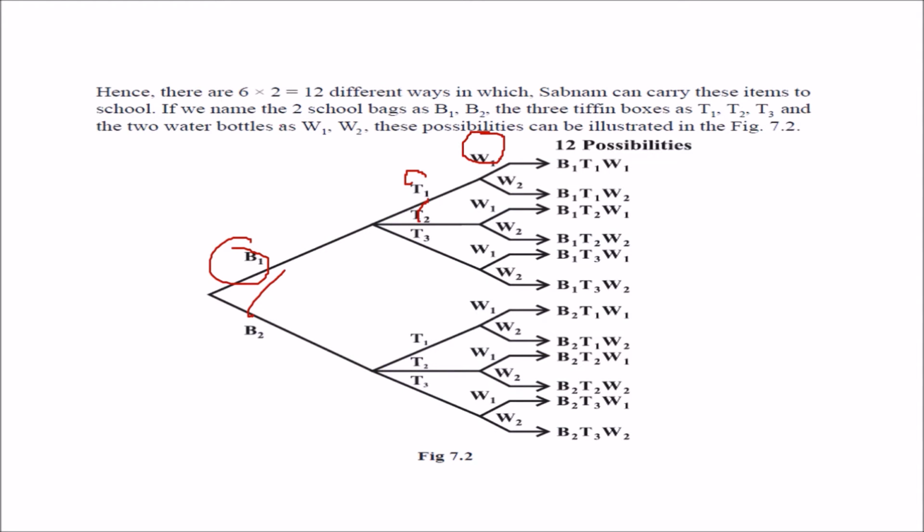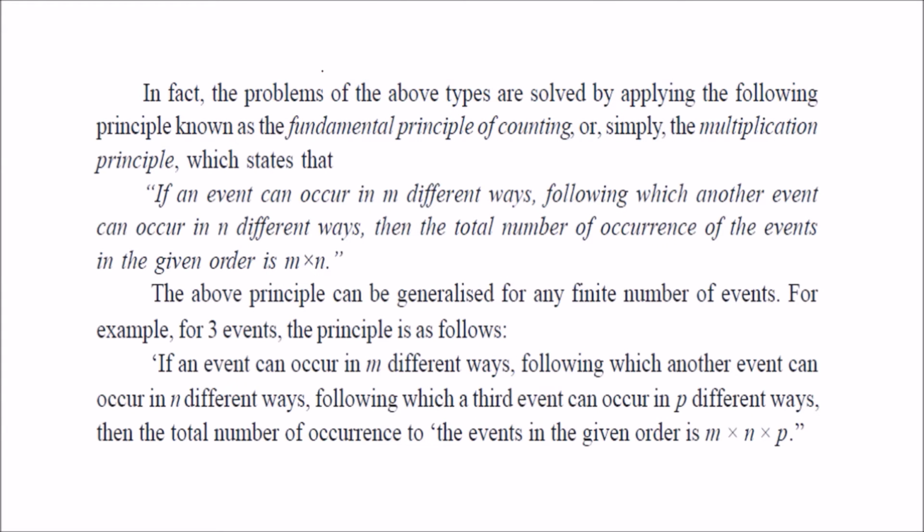What is the possibility of this arrangement? He can have 2 bags. With every bag, he can have these 3 tiffin boxes, and with every tiffin box this water bottle. So he has in all 12 possibilities. These are 12 possibilities.